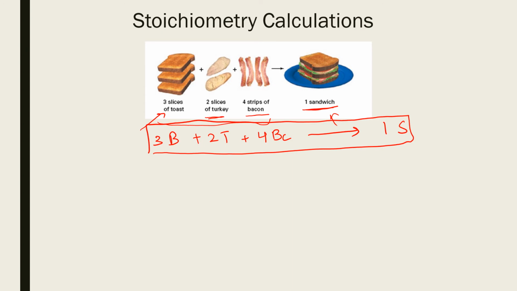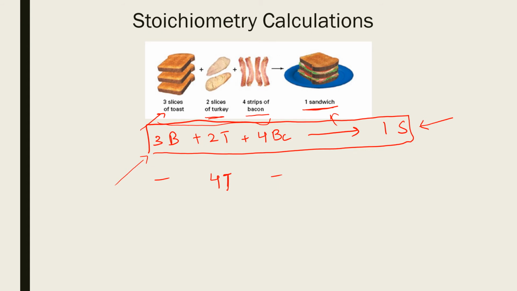Now using this equation, we can calculate that if we start with any reactant, how much product can be obtained. For example, what if I have 4 turkey slices, right? And I have, let's say, enough of bread and enough of bacon.